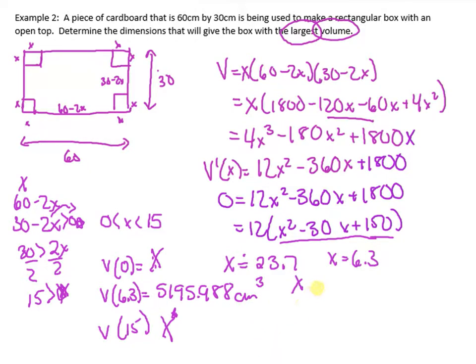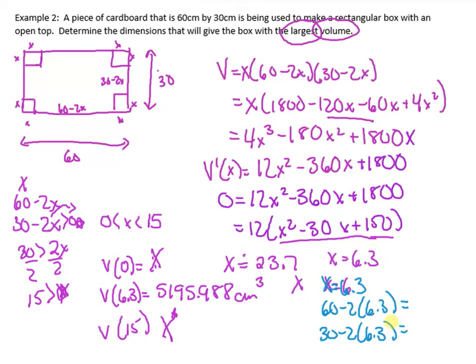Okay, what are our dimensions? Well, we know x equals 6.3. We know 60 minus 2x equals, and 30 minus 2x equals.